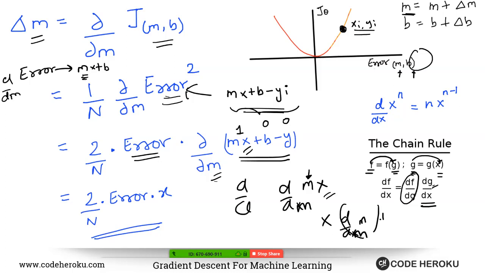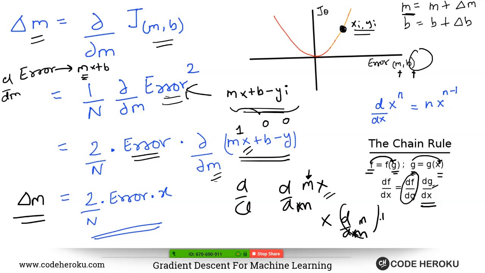This is what delta m is. Note that this is something that we were looking for. That was the whole suspense of this class: how to adjust m and b such that the error reduces. And the answer that calculus has given us is 2 by n times error times x.